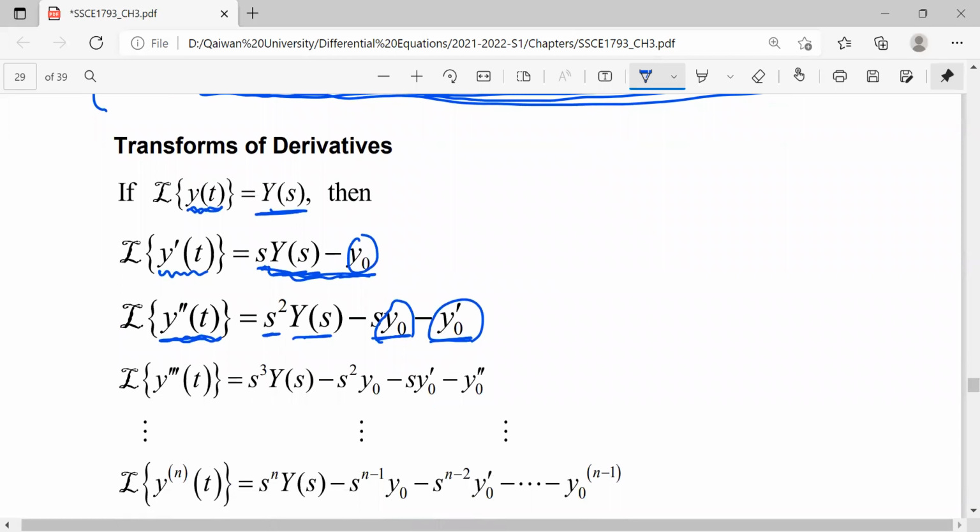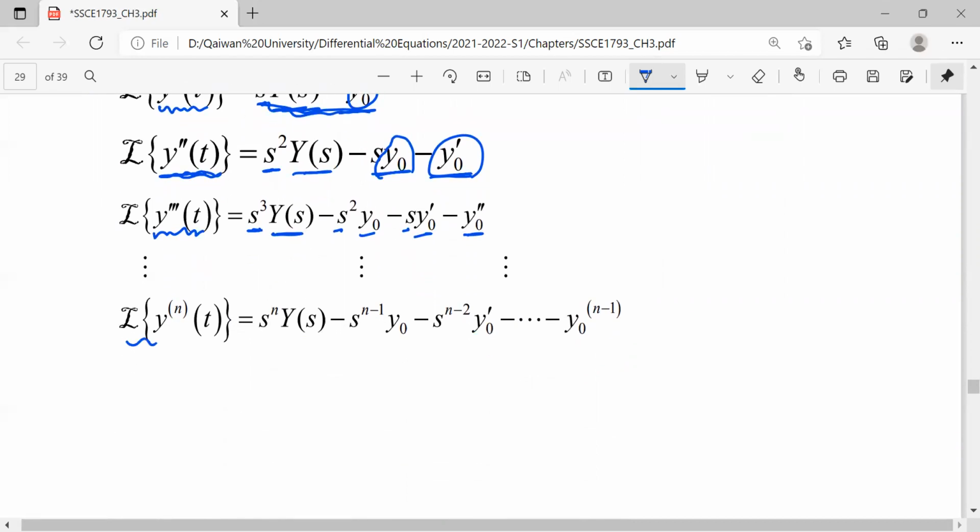Then the Laplace transform of y triple prime of t equals s cubed Y of s minus s squared y naught minus s y prime naught minus y double prime naught. This is how to take the Laplace transform for y prime, y double prime, y triple prime, and so on, for y to the order n.